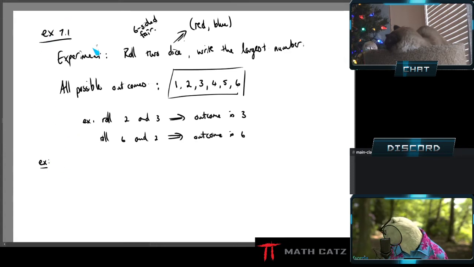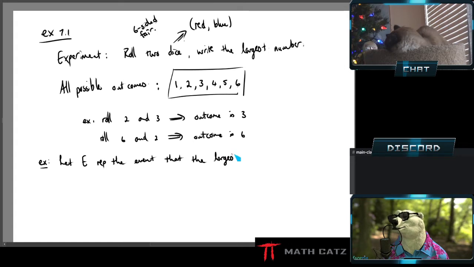So then I can now say another example. Continuing this, let's call E the event that the largest number on the dice roll is, let's go with 2.